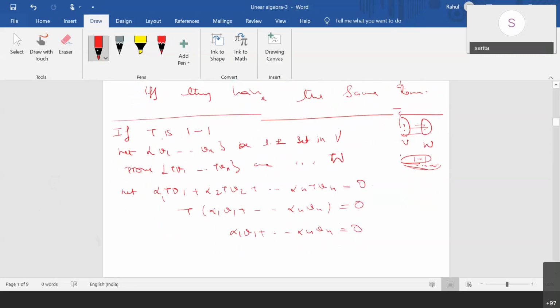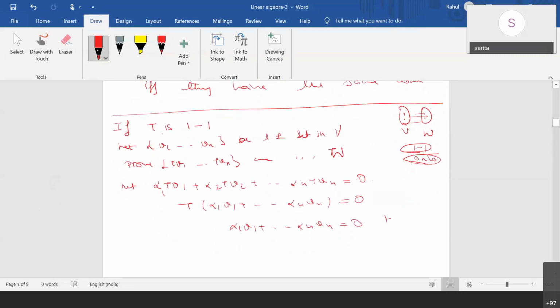Because V1, V2, Vn are independent, therefore all alphas are 0. This is the proof. The other way around, it is true, it is trivial. So this is clear.